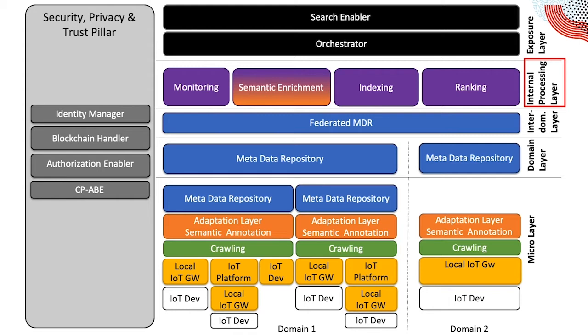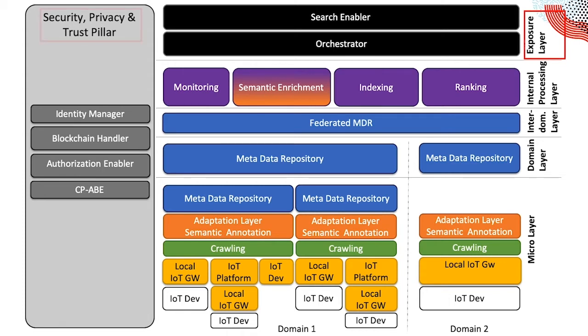The monitoring module is responsible for watching the queries processed and the results to find if there are faults and even, if required, to create virtual information in the absence of real one. The exposure layer is the endpoint of our IoTCrawler architecture, comprising both an orchestrator and a search enabler module for handling the different queries performed by users and services.